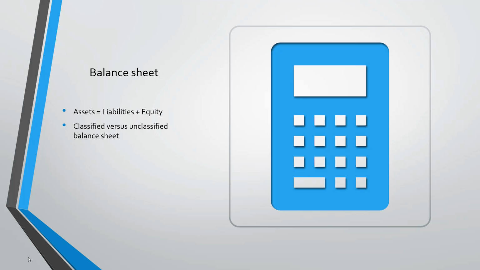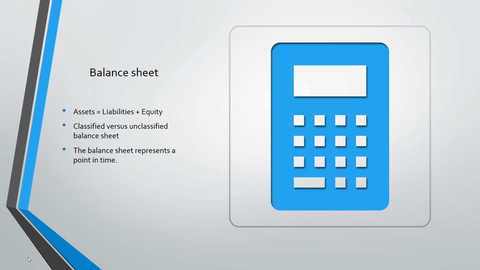A classified balance sheet will. Now, when we get into module 3, we'll start talking about ratios, in particular the current ratio. And what you want to do going forward is make sure your balance sheet is in the classified format, i.e. it has a total of current assets and a total of current liabilities. The reason being is you're going to use those numbers for a lot of ratios and a lot of analysis. So just get used to it now, get it set up in your system so it makes your life that much easier.